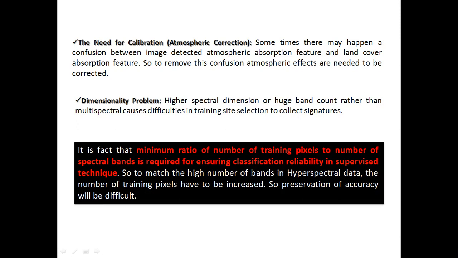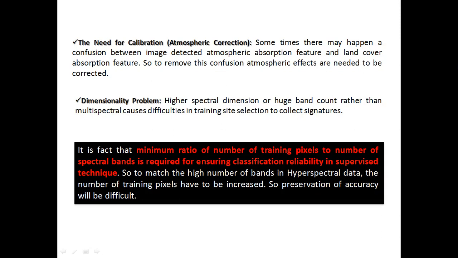In the next slides, after finishing hyperspectral remote sensing, I will give you the material about the supervised classification technique. In supervised classification techniques, information about the objects can be extracted in terms of spectral signatures by selecting training samples or training sites.